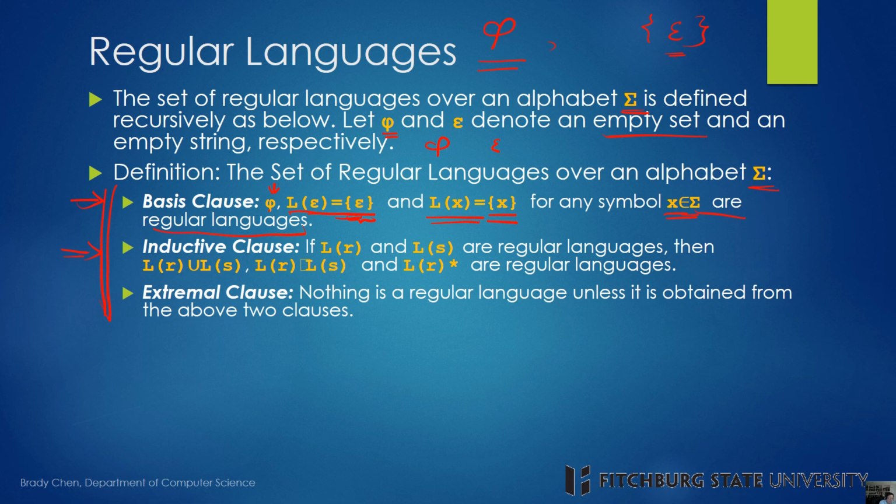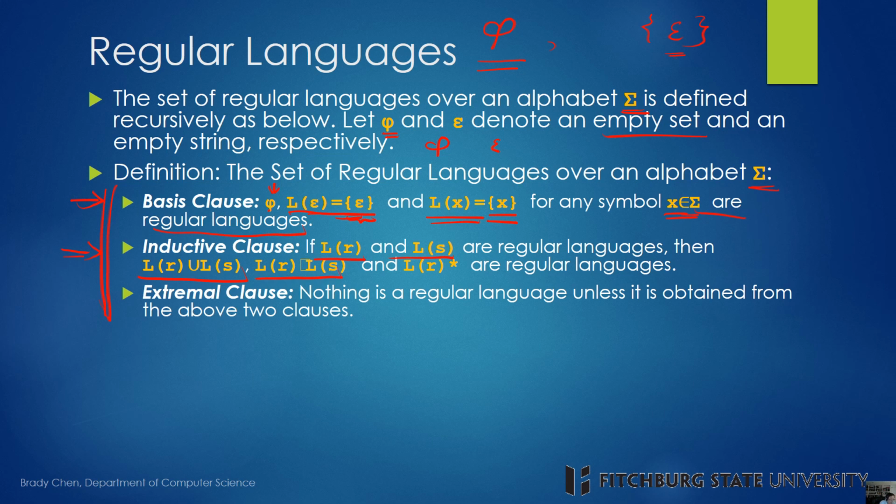Now the second one is the inductive clause. What does inductive clause mean? If L of R and L of S are regular languages, meaning the set built from R and the set built from S, then the union of LR and LS is a regular language.